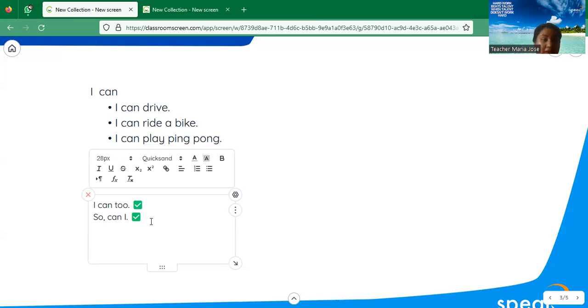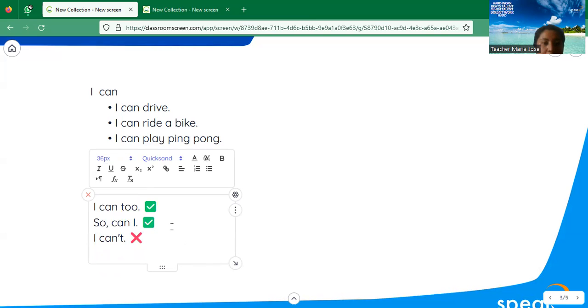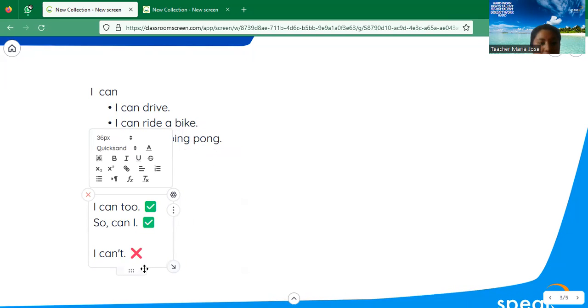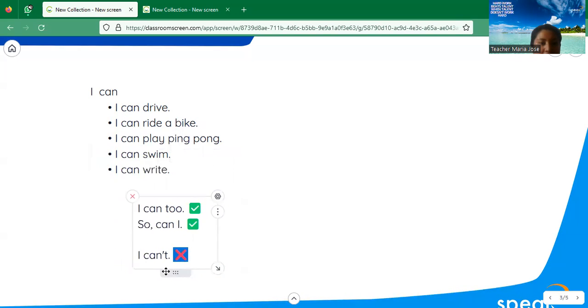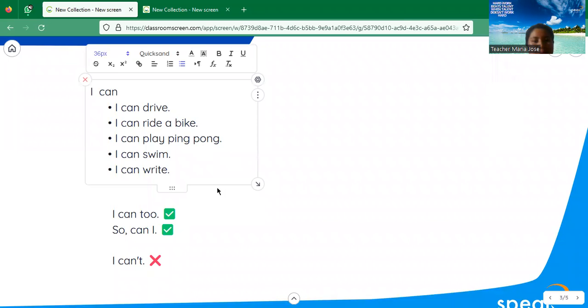I can't, right? All right. So as you can see, we can use these expressions to answer questions, but also when we are talking to people and they are sharing about their abilities, for example. And you can say if you agree or disagree with the information that they share. I can too. So can I. I can't. All right. Very good.